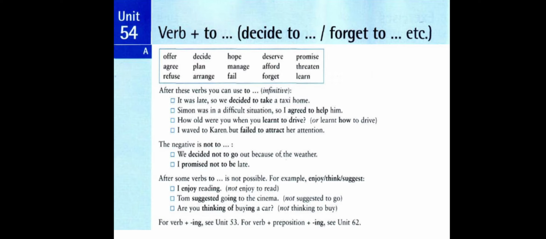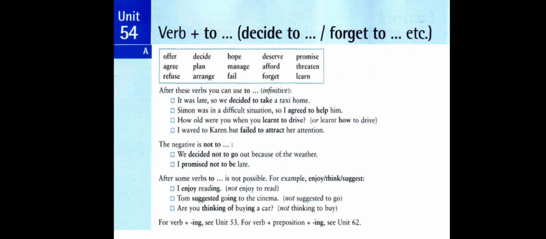We have other verbs in the table like plan. My family plan to travel to America. We have to travel after plan. Another example: he managed to pass the problem, or he managed to overcome the problem.